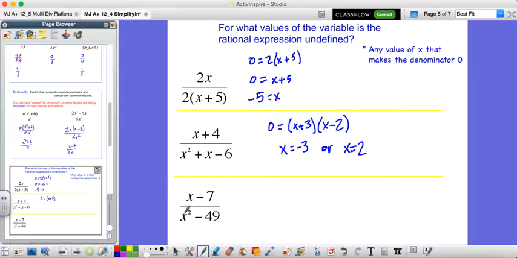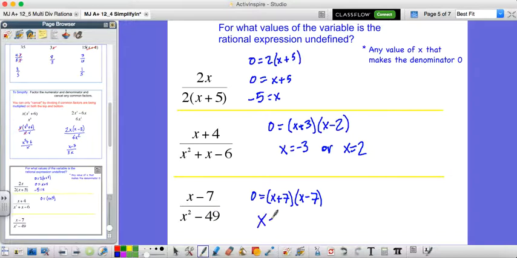Looking at the bottom of this one here, we have x squared minus 49. We want to know the x values that make that 0. You might see right away that you'd have 7, but just remembering how to factor x squared minus 49, that's a difference of squares. So we have x plus 7 times x minus 7. X squared is a perfect square, 49 is a perfect square.